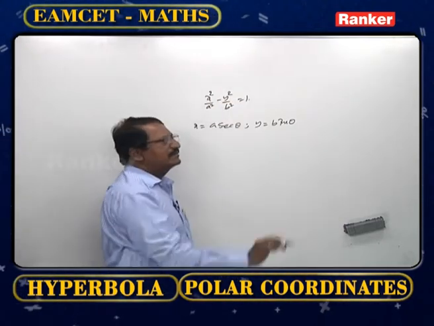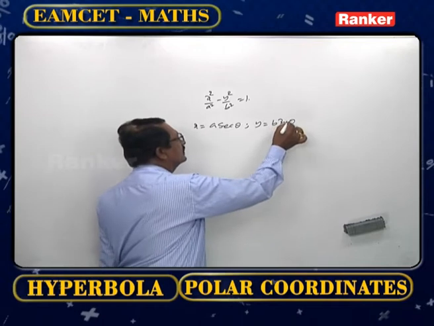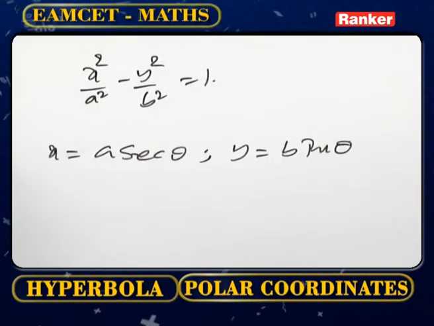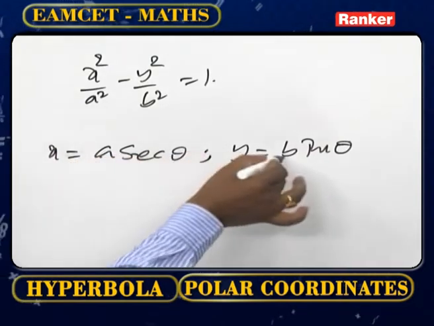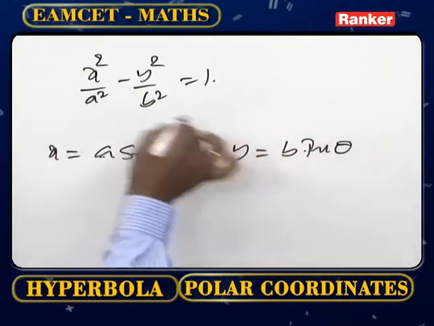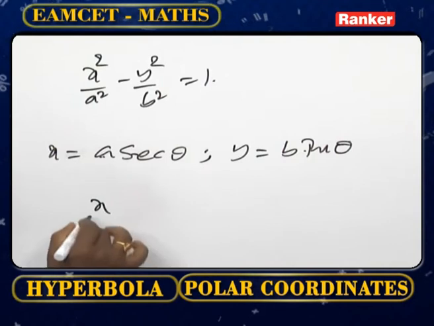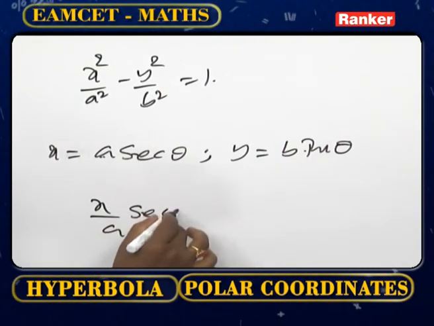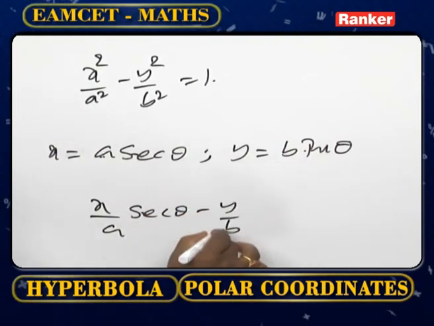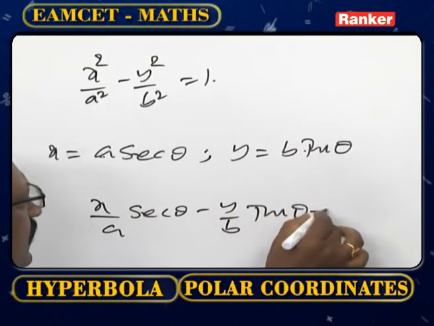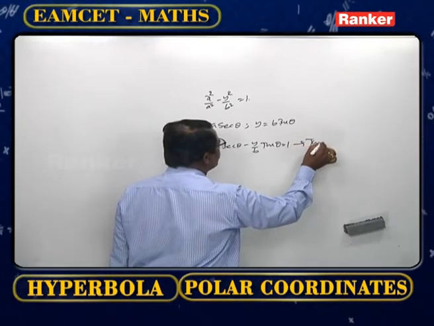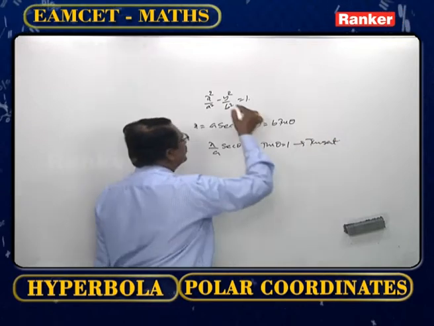Here the point theta means (a sec theta, b tan theta). Now the equation of the tangent at the point theta, or at (a sec theta, b tan theta), is x by a sec theta minus y by b tan theta equals 1.